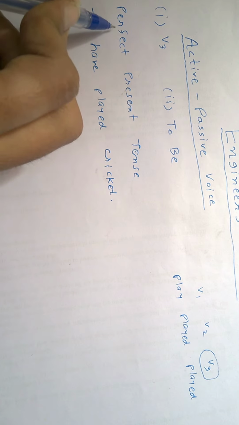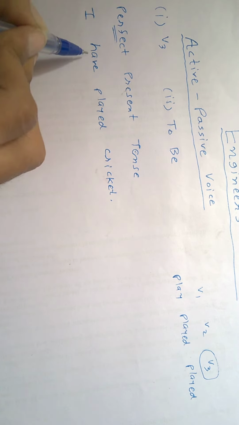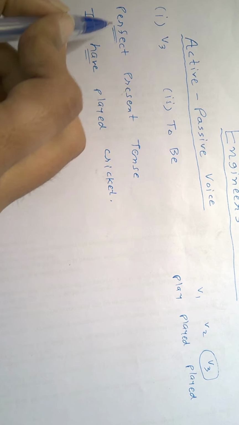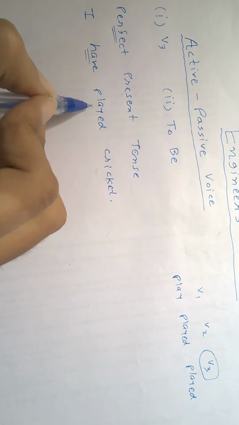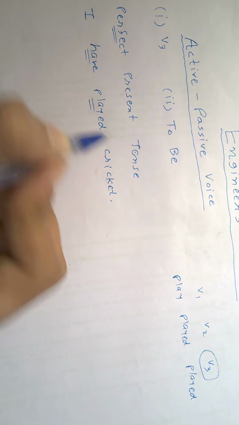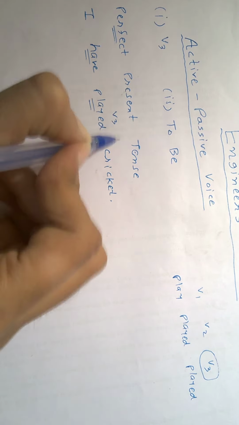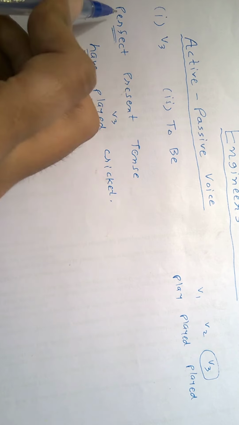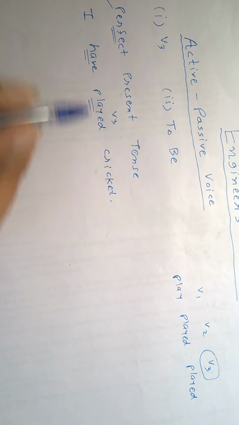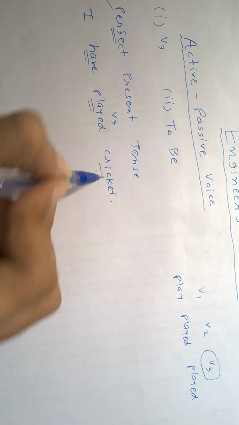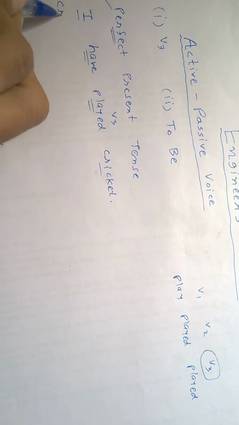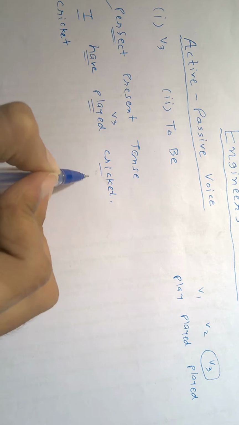So in this tense, as we know, in present perfect tense we need have or has, and also we always use the V3 form. So this passive voice will be easy for us, because here we will exchange the object and subject like this.